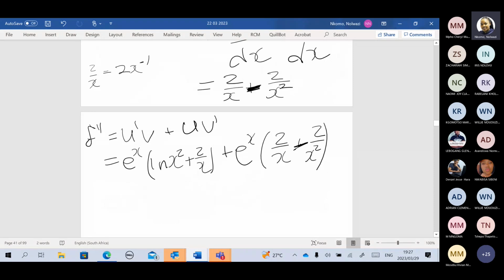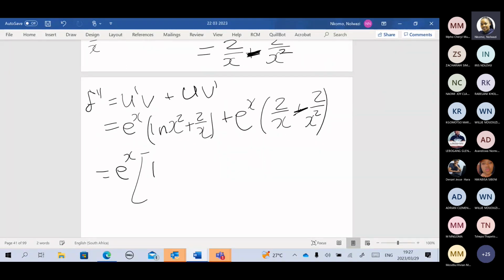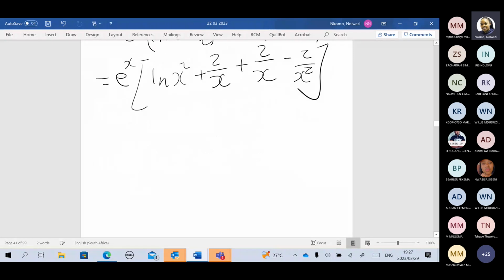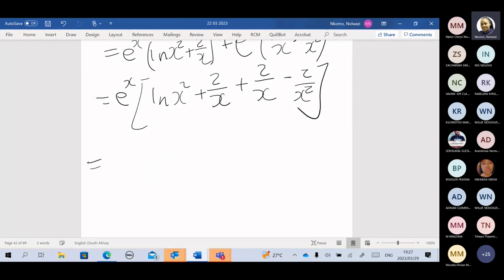Taking out e to the x as a common factor, we have e to the x times ln x squared plus 2 over x, plus 2 over x minus 2 over x squared. We have 2 over x and 2 over x, and we can add these two to get 4 over x. So we have e to the x times ln x squared plus 4 over x minus 2 over x squared.